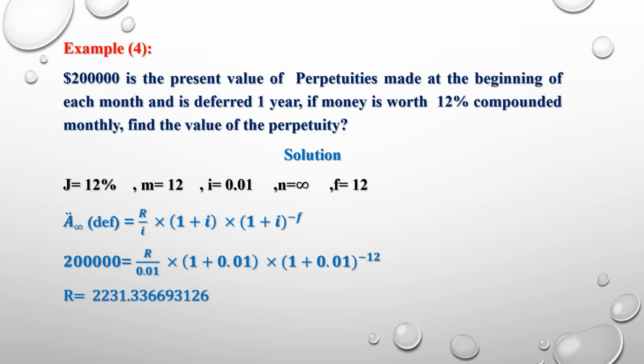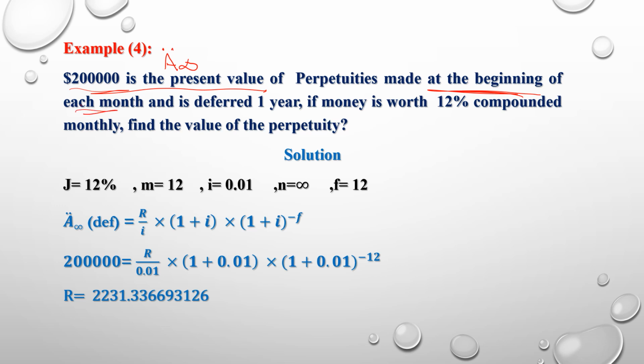Example 4. $200,000 is the present value of perpetuities made at the beginning. So this is the present value, but for a perpetuity due, not ordinary. And this perpetuity is made each month.